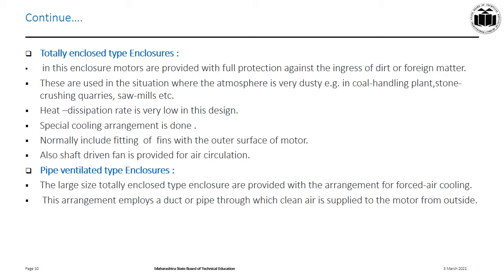If we talk of applications like the atmospheric situation in a coal mine, that is a coal handling plant, or the stone crushing quarries where the atmosphere is full of fine dust, or we take the example of sawmills, here the highest level of contamination can be seen. So totally enclosed type of enclosure is recommended.